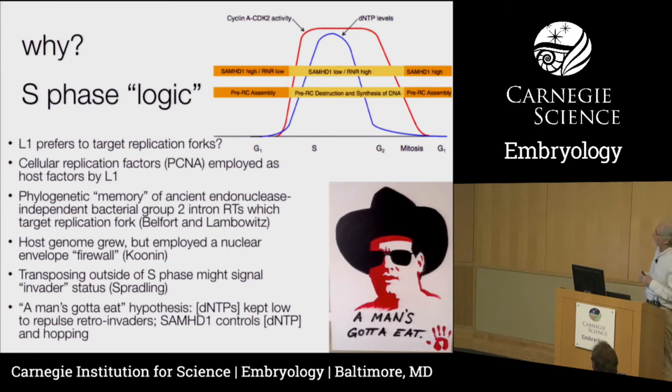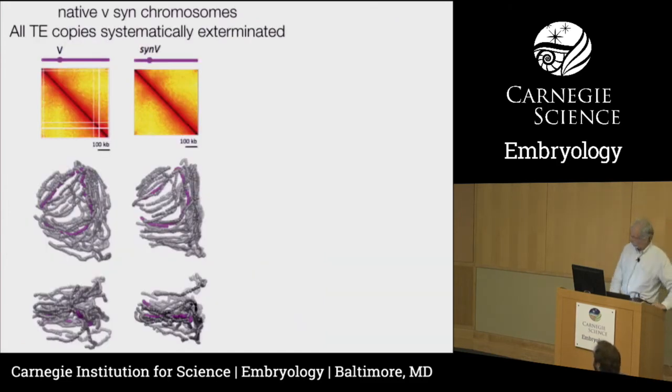When SAMHD1 is knocked out, you have much higher triphosphate levels throughout the cell cycle, and you also see overactivation of retrotransposons.